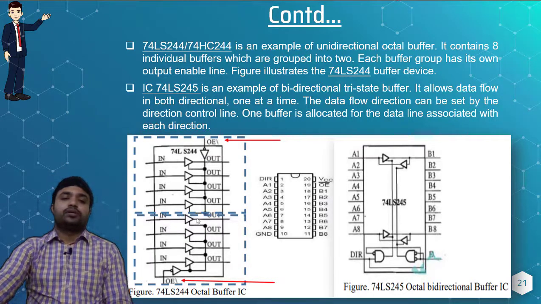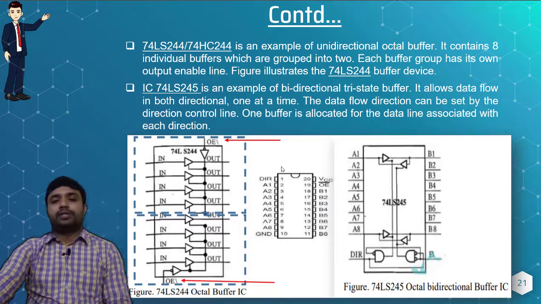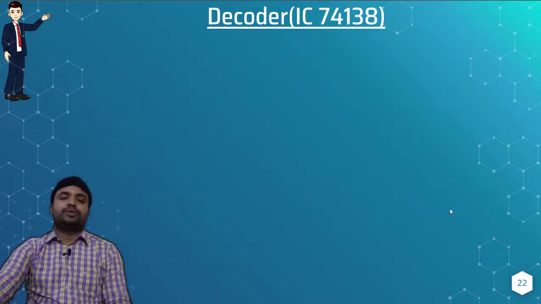For each and every buffer there is a separate output enable control line. Likewise, the first half and second half are split up, and this is the IC configuration. The second picture on the right side is for the bidirectional tri-state buffer. Right. Next topic is decoder.